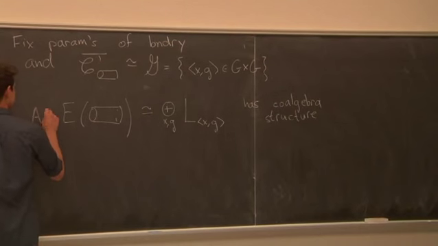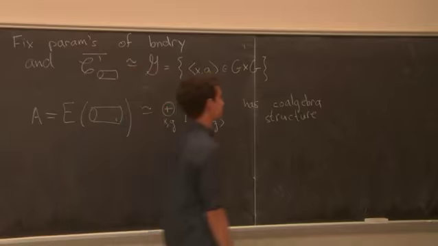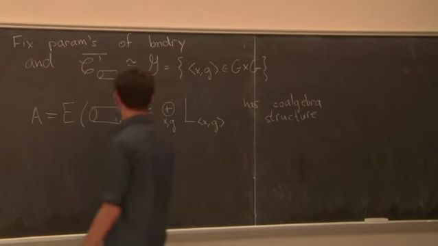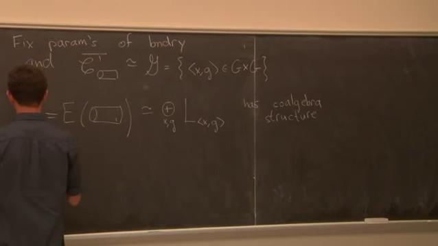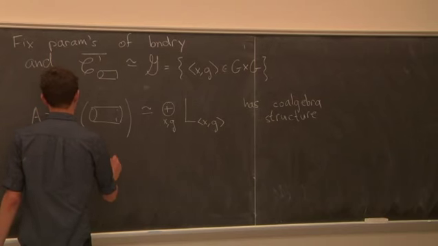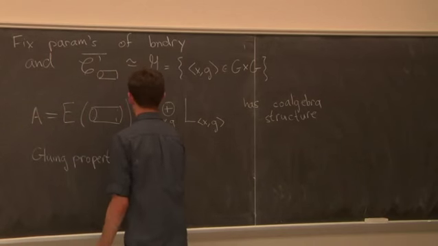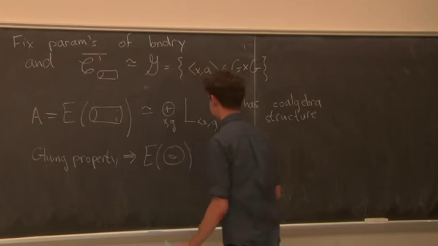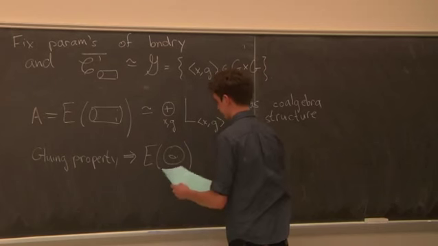Let me call this space, I think we're using A of S, let me just call this A. And the gluing property for these surfaces with boundary identifies the vector space associated to the torus as a subspace of this vector space.